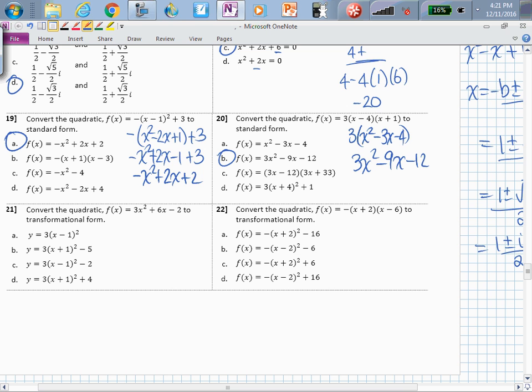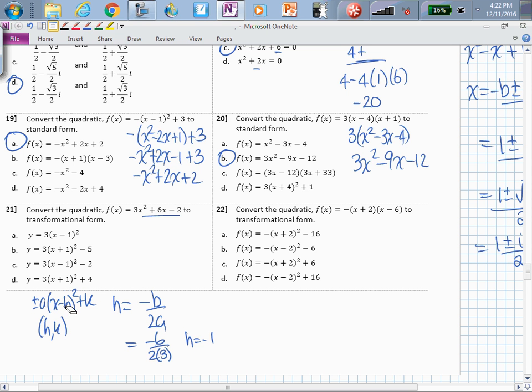Number 21, the transformational form. Transformational form is plus or minus a times x minus h squared plus k. So it's really important that you know which forms we're going to use here. This tells me I need my h and my k. In order for me to get the h from standard form, which is this, it's negative b over 2a. So negative 6 over 2 times 3 gives me h equals negative 1.